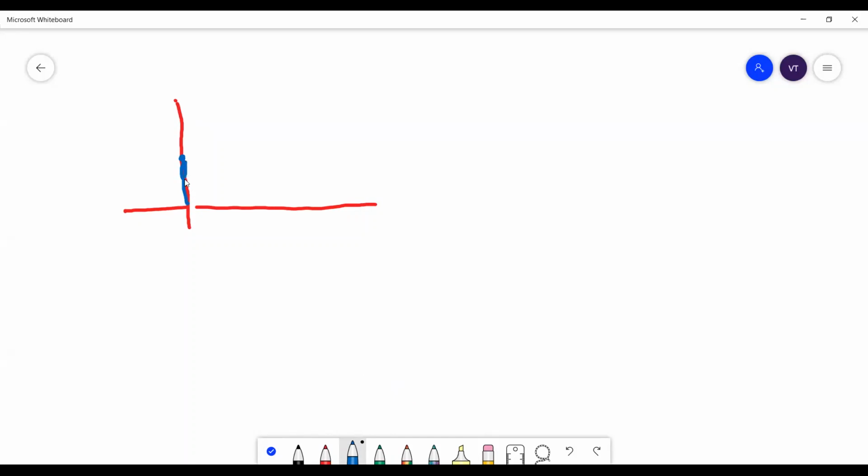Pardon my drawing because I'm not very familiar with this device as of now. Maybe I will get better in the course of time. So the samples are like this. This value is equal to 1. So this is my x of n.